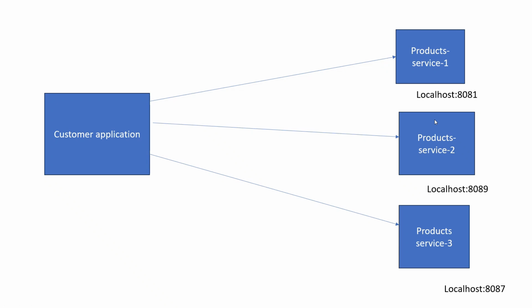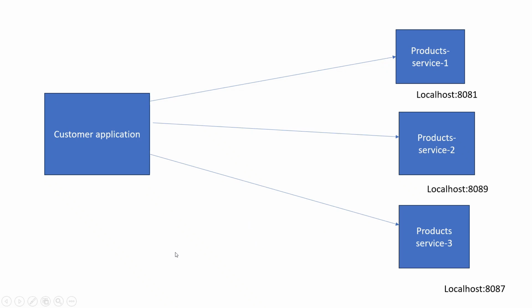So if we have to make an HTTP call for all the instances of product service that have been created from the customer service app, we need to configure all the addresses inside the customer app.